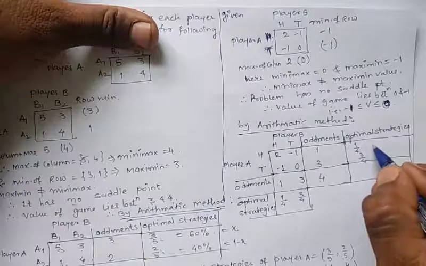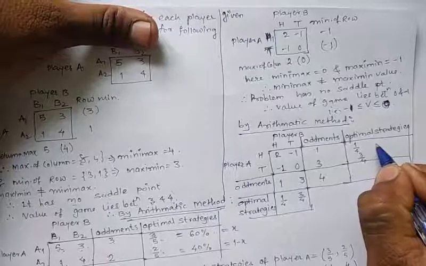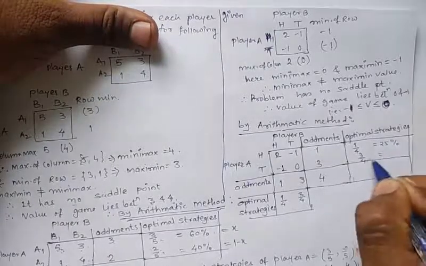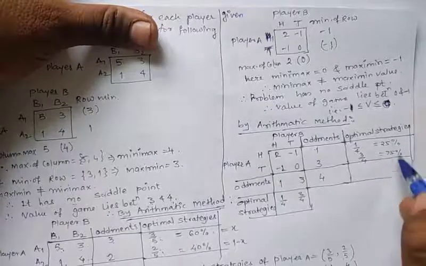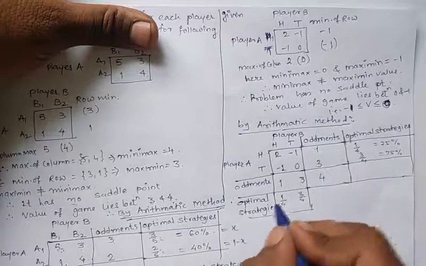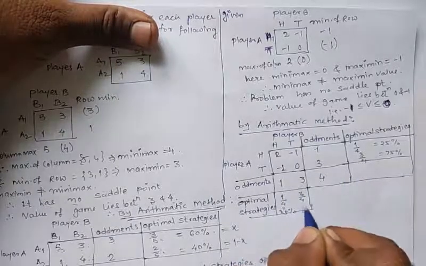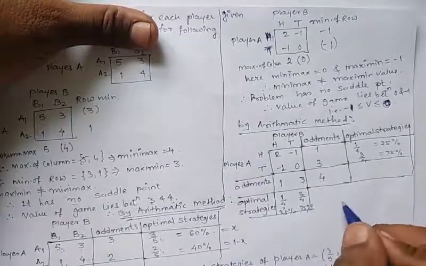Multiplying by 100, we get 25% and 75%. Taking the addition, we get 100%.